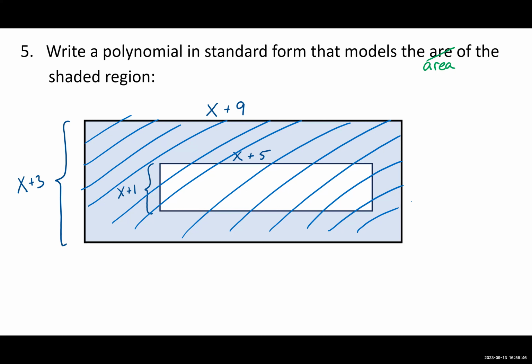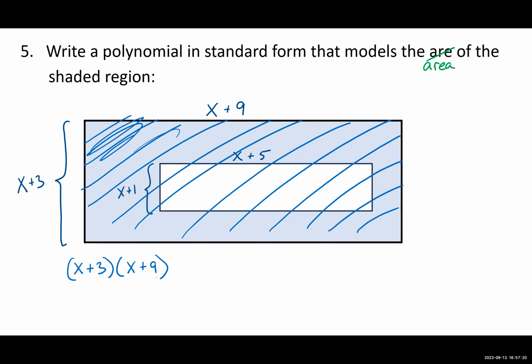Now, area of a rectangle equals length times width. So that big rectangle, the one that I shaded here in blue, let me go a little bit smaller, that's going to be x plus 3 times x plus 9.